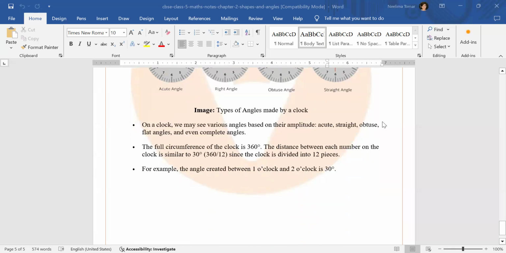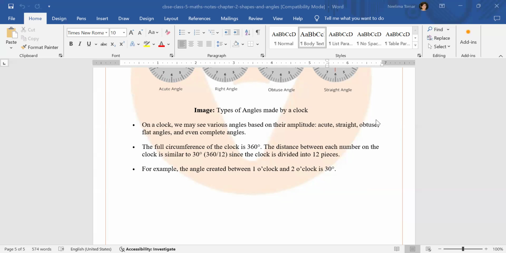On a clock, we can see various angles based on their amplitude: acute, straight, obtuse, flat angles, and even complete angles. The full circumference of the clock is 360 degrees. The distance between each number on the clock is equal to 30 degrees.